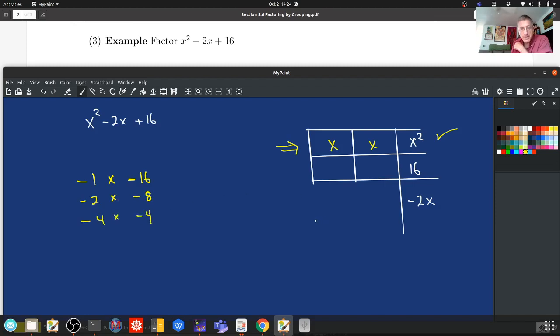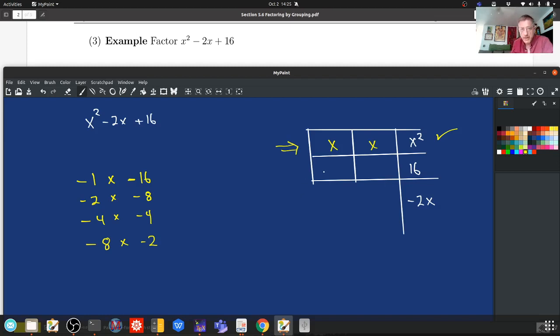That's another possibility, and that's it. Because the next one I would have to go up, I'd have to have minus 8 times minus 2, but I already have that possibility right here. Minus 2 times minus 8 is no different than minus 8 times minus 2, except in the order. And since this is a monic polynomial, we don't have to worry about it.